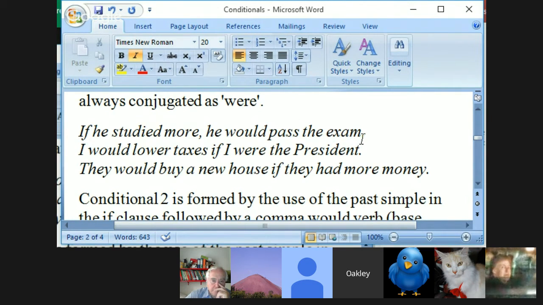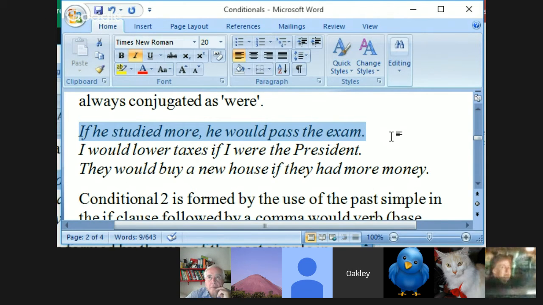It's very interesting if you really think about this deeply, because how the speaker says something can show things they're really not saying. For example, if the speaker believed there's a likelihood the person would study more, he would probably use the first conditional.